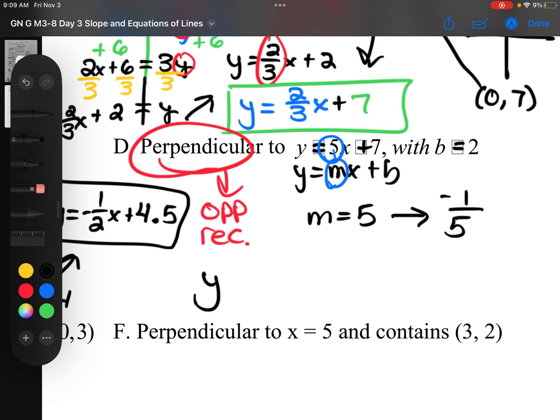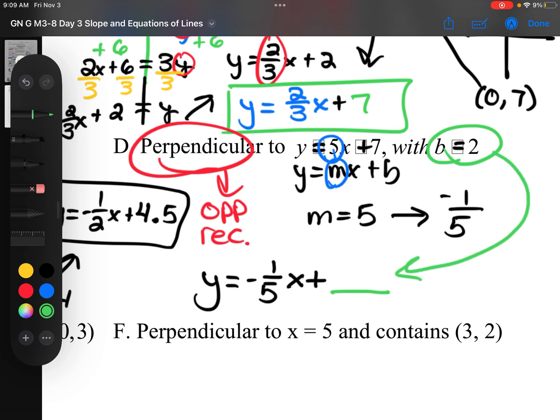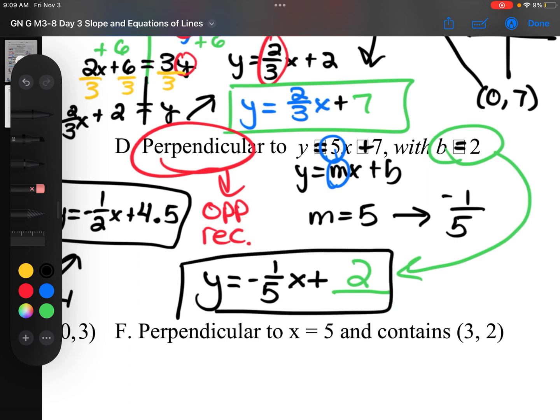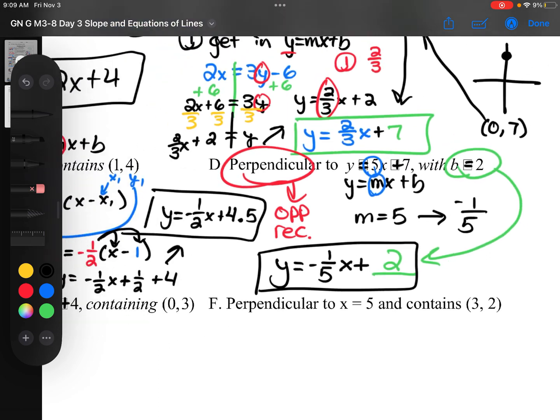So we know y equals, we have -1/5, because that's our slope, x, plus we need to figure out our b value. It looks like the b value is given to us, so we can just plug it in. These problems are much easier, because all you have to do is plug in your b value. So that's the equation of that line.